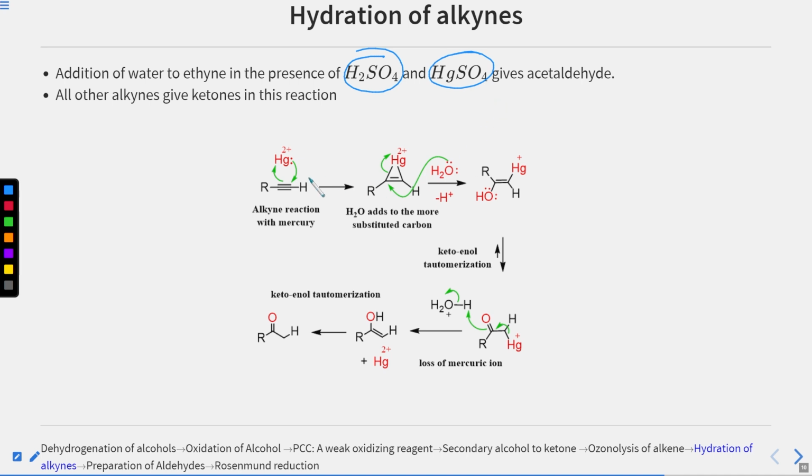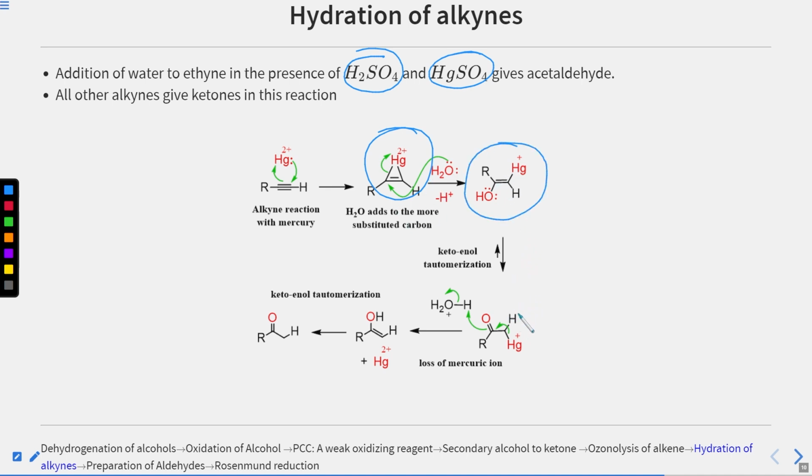Say we take an example of Hg2+. This Hg2+ will form an intermediate which would look like this. Basically it will form a bond with the pi bond of the alkyne and form this kind of intermediate. Next, H2O will attack and we will result in this thing.